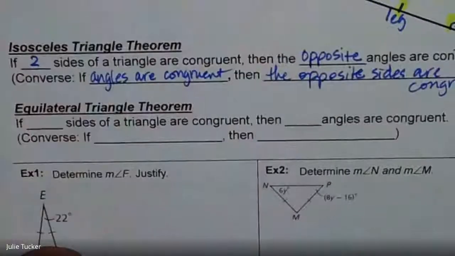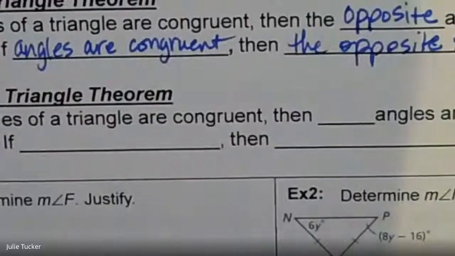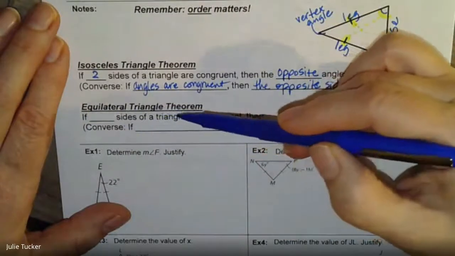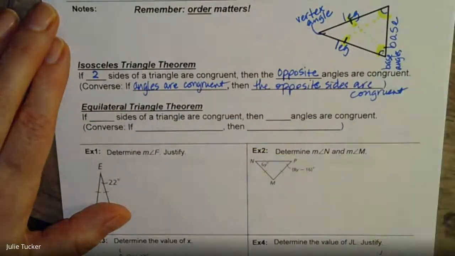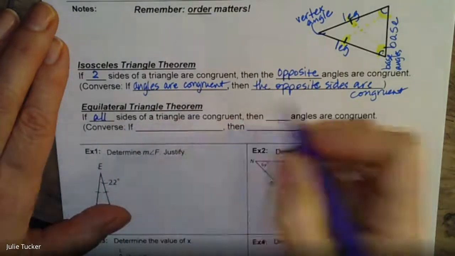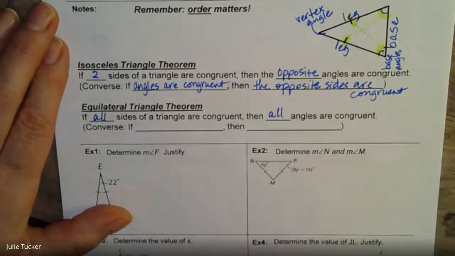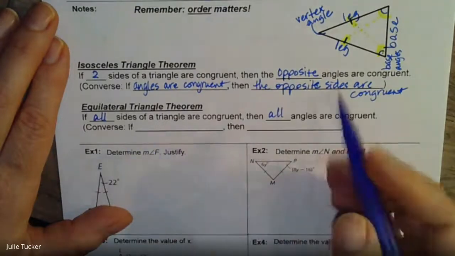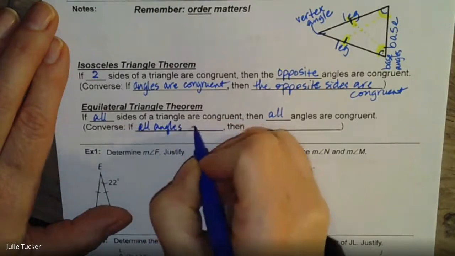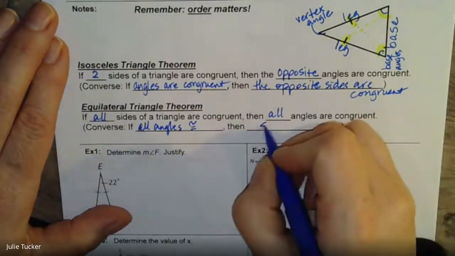Then there is another theorem. Sorry, my paper keeps scooting around. I'm kind of zoomed in a little too much. Let me back up a little. Okay. So the equilateral triangle theorem says that if all three sides of a triangle are congruent, then all three angles are congruent. And you could say that one backwards. So if all angles are congruent, then the sides must be congruent.